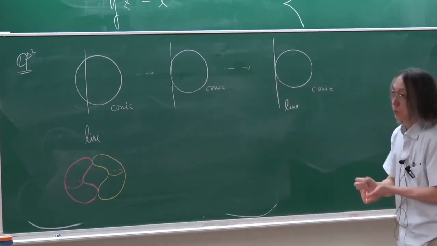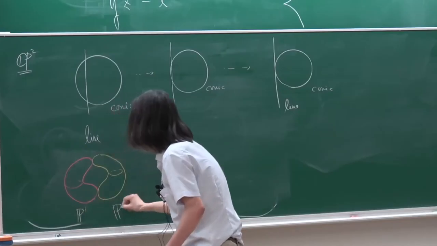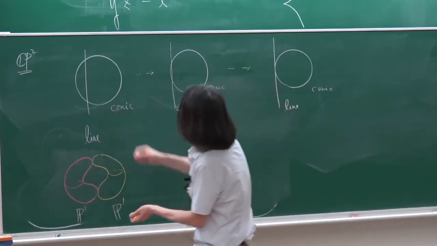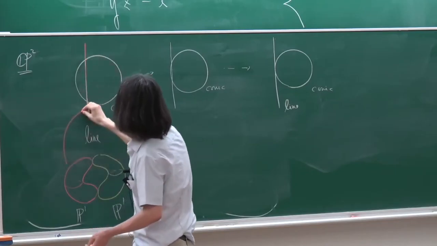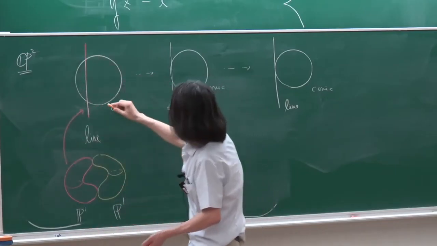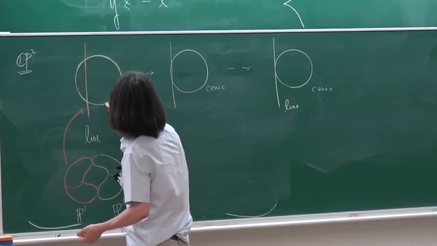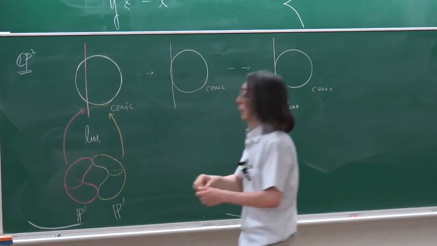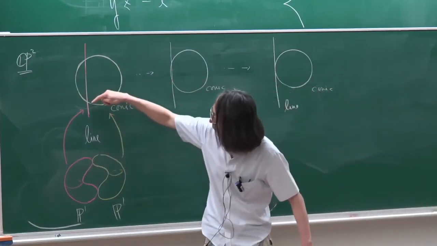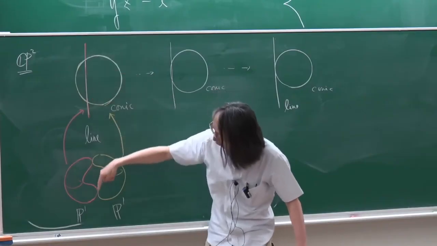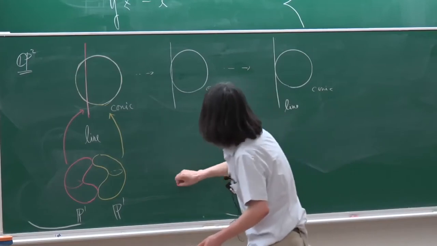I have two P1s, so both are P1s. The red one is mapped to this red one, and the yellow one is mapped to this one. Then they meet at 2 points, so here I have 2 marked points. And here we can also have the same thing.